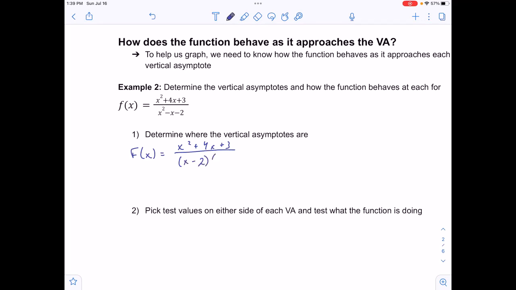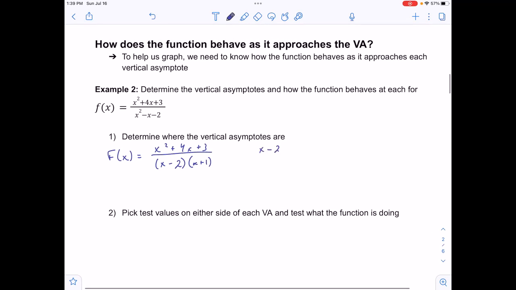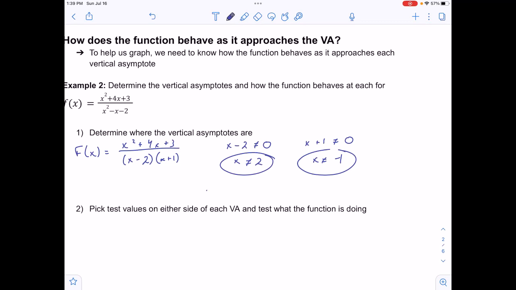Those two numbers are negative 2 and positive 1. I set each of them not equal to 0. And I locate my vertical asymptotes at negative 1 and positive 2.